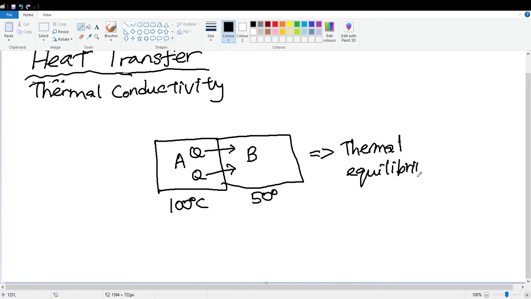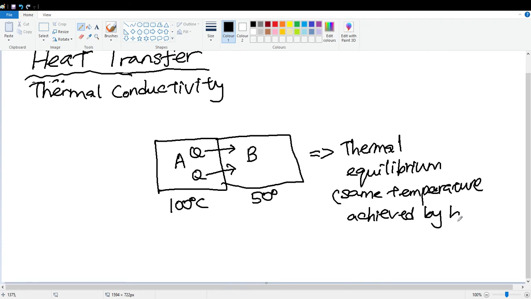So what is actually meant by thermal equilibrium? Thermal equilibrium means the same temperature achieved by both objects.